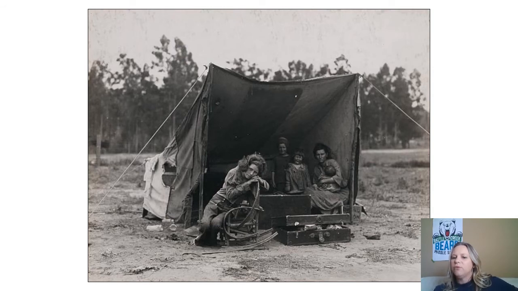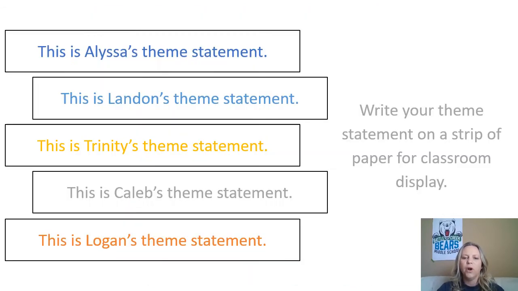I want you to go ahead and write down a theme statement for the photographs in your reading log. Again, set your reading log up for today for lesson 24. And that's the first thing that you're going to do, is write a theme statement for the photographs. When you're done writing that theme statement, go ahead and hit play again on the recording. Go ahead and stop it now, but then hit play on the recording when you're ready to move on.